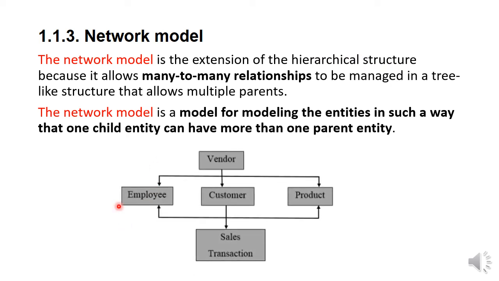So here we have some tables or entities which are related: employee table, vendor table, customer table, product table, and sales transaction table. By looking at this figure, you see that there are some tables which have more than one parent.